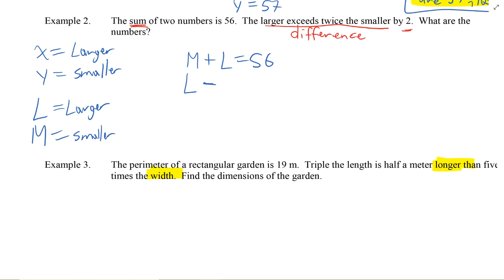Take a guess. Put the M there? Yep, but it's twice the smaller, not M squared, because that would be the smaller squared. You're on the right track, though. 2M? 2M, yeah. Okay. So twice the smaller would be 2M. And what does it exceed by? 2. Okay.